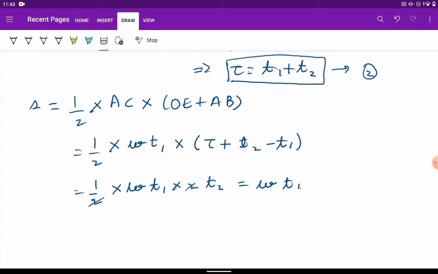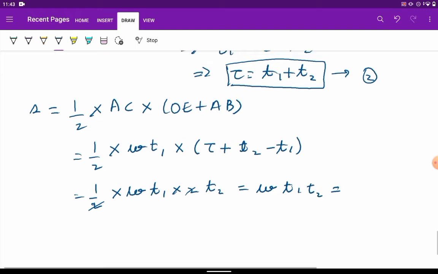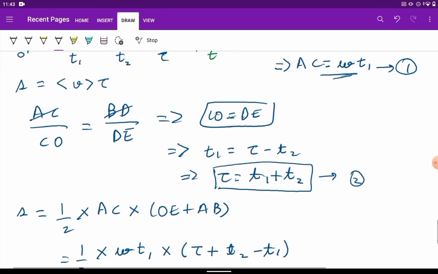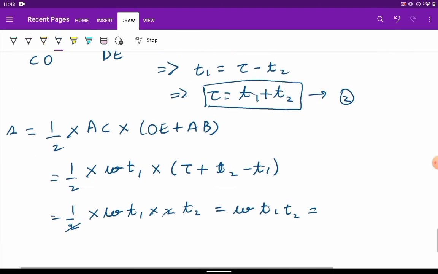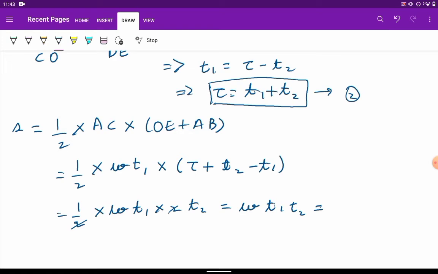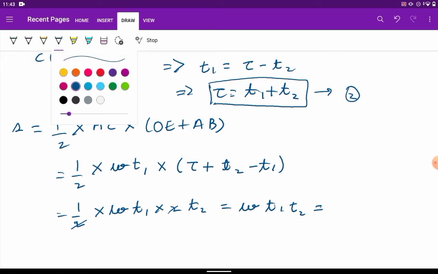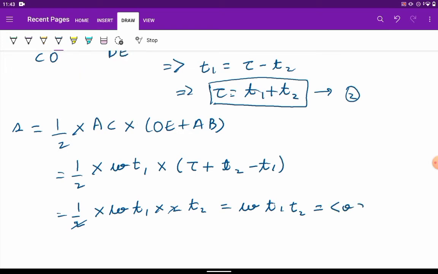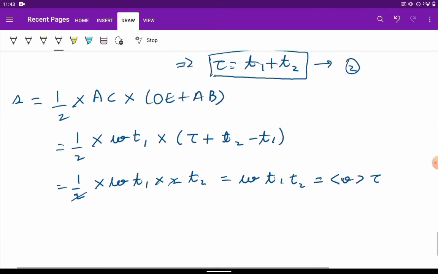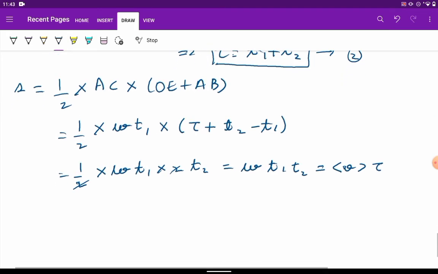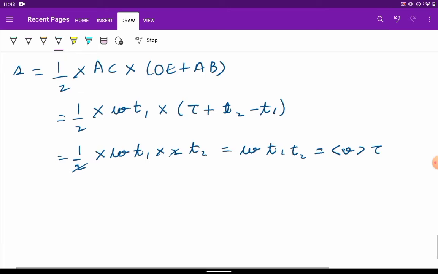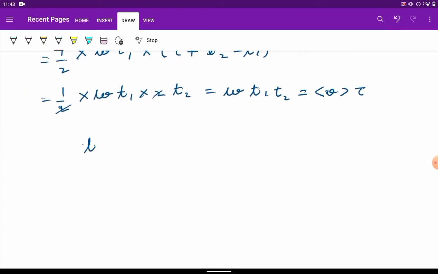But we already know that S is V tau. Okay, so from equation 2, T1 T2 equal to tau.